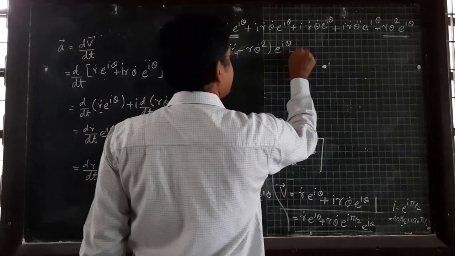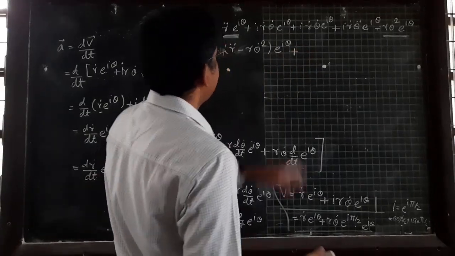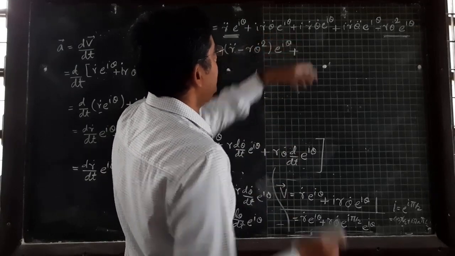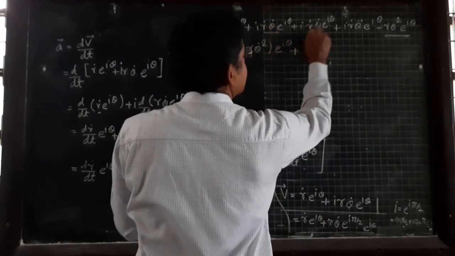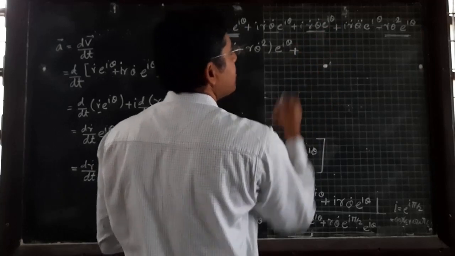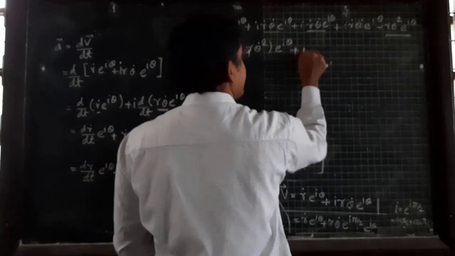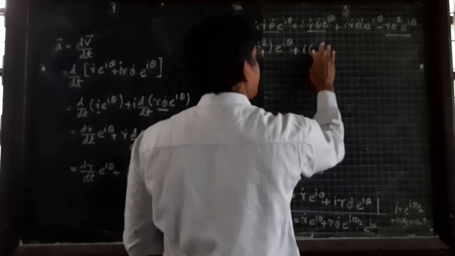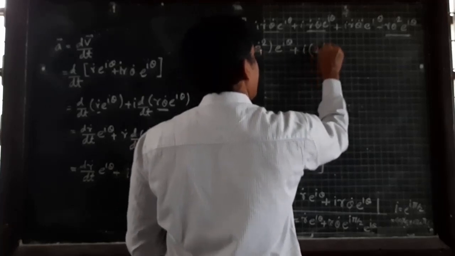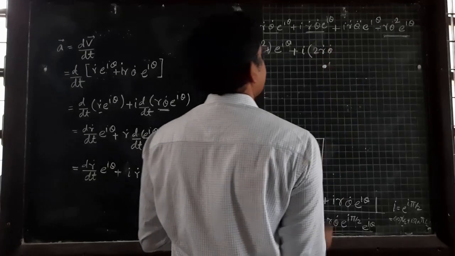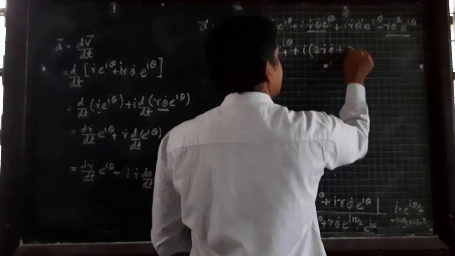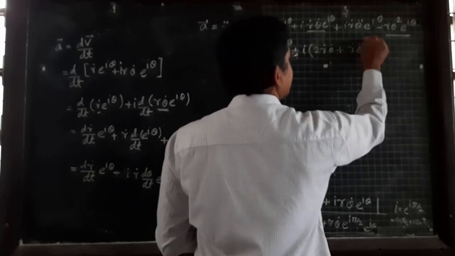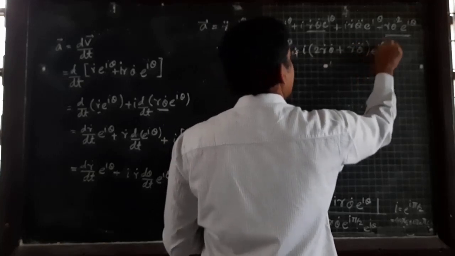Okay, plus this is i r dot theta dot into e raised to i theta. So these two terms are similar, so twice of that one, plus, so we can take i outside, 2 r dot theta dot plus r theta double dot into e raised to i theta.